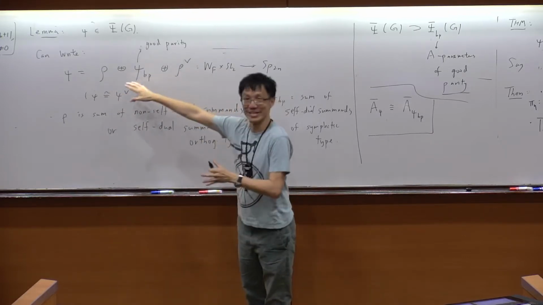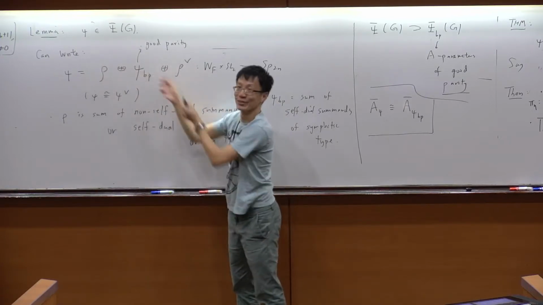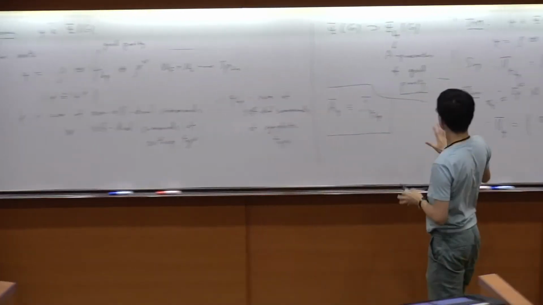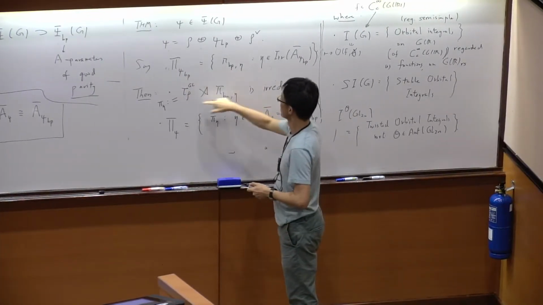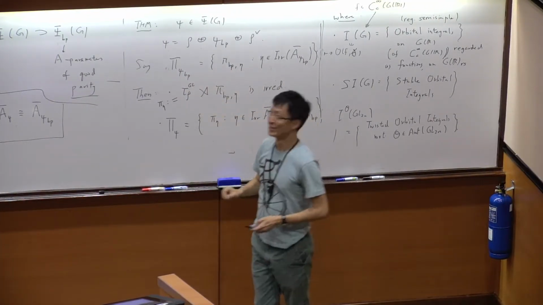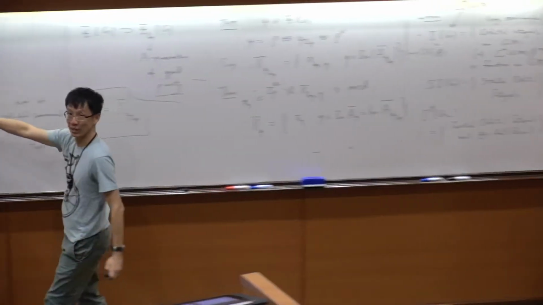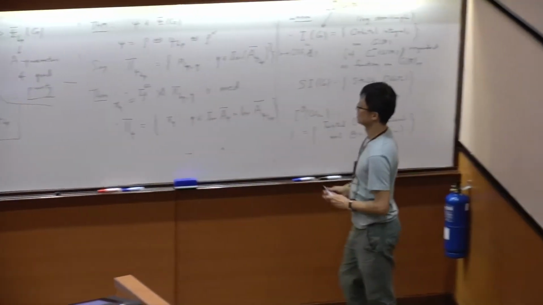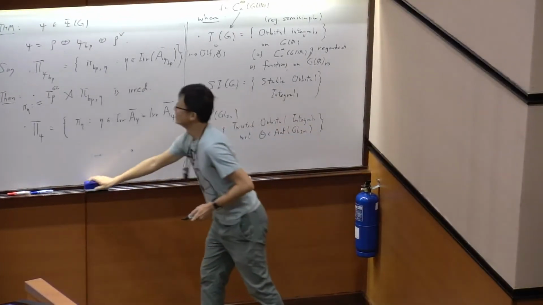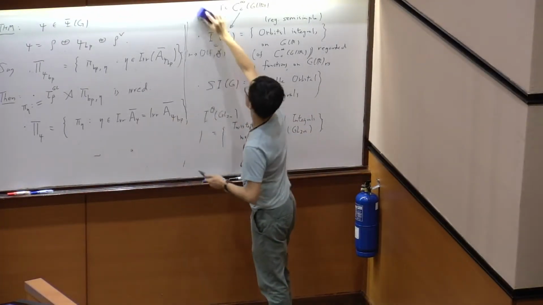I mean, it's not unique, because I can change some of the constituents. But it didn't matter for this. Even if you change, this representation is independent of the choice of decomposition. Okay, so this is the first reduction to the case of good parity.